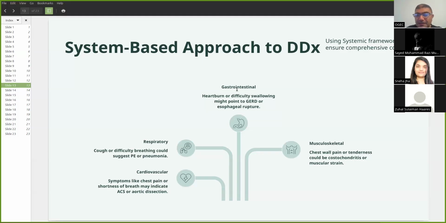In the gastrointestinal system, the patient can have heartburn or difficulty swallowing, which can point to GERD or esophageal rupture, esophageal carcinoma, maybe esophagitis, peptic ulcer disease. We have to think about all three categories in every system.